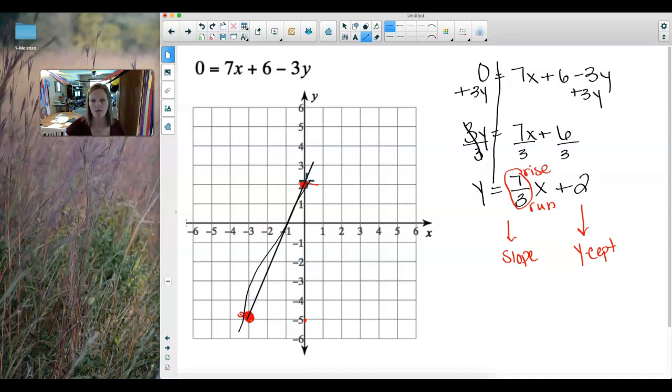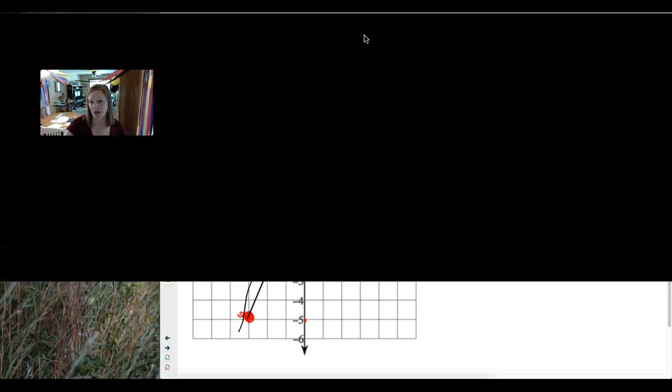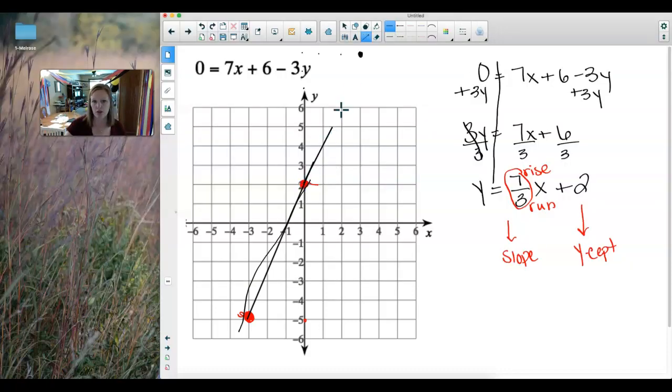Now we could have gone up 1, 2, 3, 4, 5, 6, 7 over 3. We'd be about right here with a point. That doesn't matter. The line should still go through that point, so we could still continue that line in that direction.